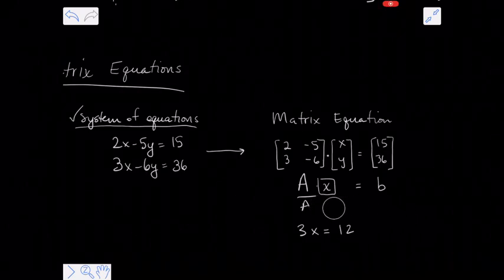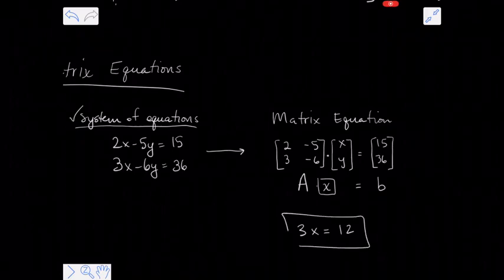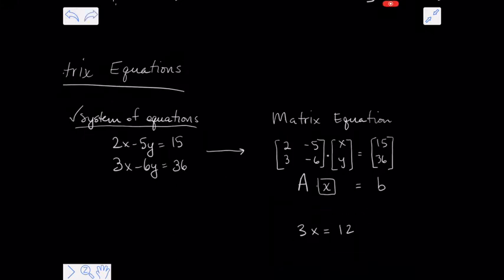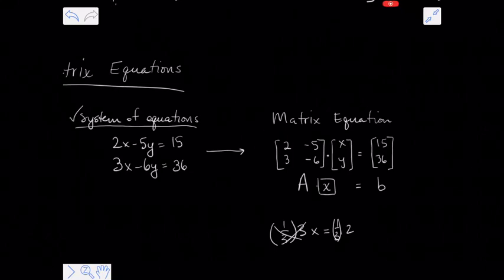It doesn't work like that because you can't divide by matrices. If we didn't want to use division, one thing we could do to get rid of the 3 is to multiply by its multiplicative inverse, or its reciprocal. Multiply by 1/3 on both sides. That does the same thing as dividing by 3.